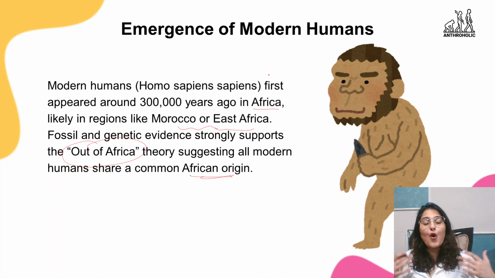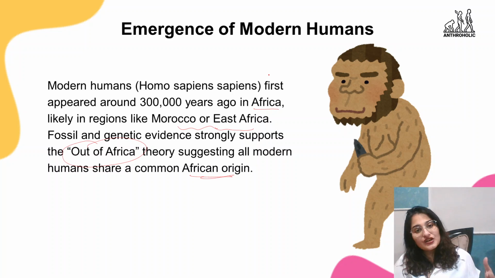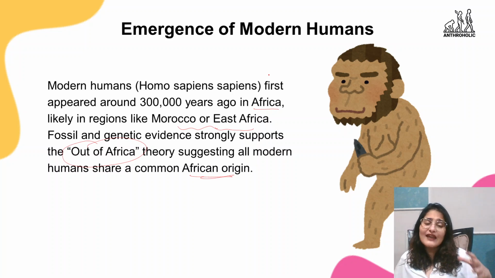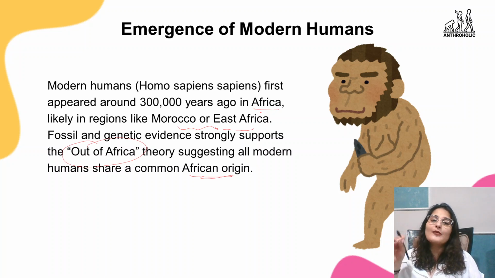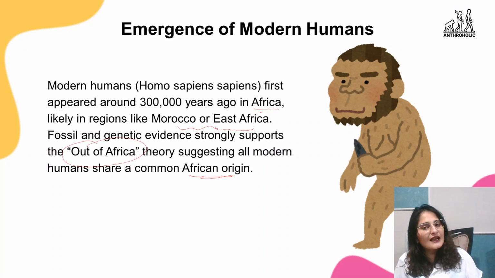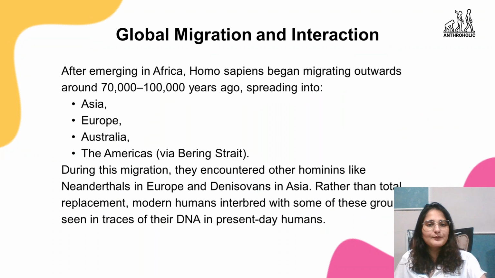You could trek, you could walk longer distances comparatively. So when humans started being able to walk on two legs and cover larger distances, that is the time when humans started moving out of Africa, and therefore all modern humans share their history with Africa, because our ancestors are from either East Africa or Morocco as per the current fossil studies that have happened so far, right?